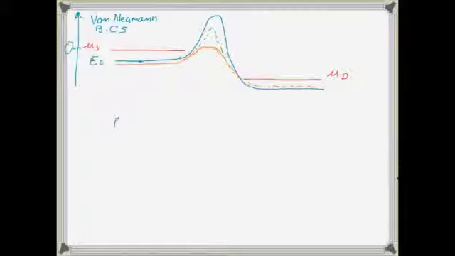So the source conduction band falls as the channel barrier, I really should say channel barrier, goes down. That source conduction band edge starts to fall.